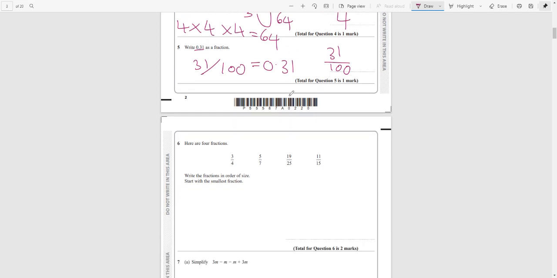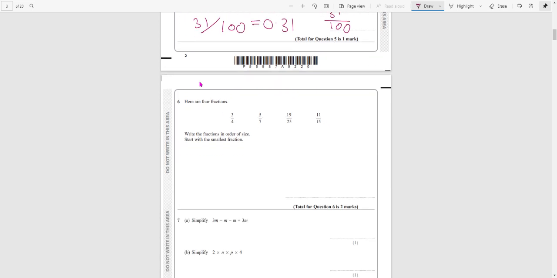Now, question number 6. Here are 4 fractions: 3 quarters, 5 sevenths, 19 over 25, 11 over 15. Write the fractions in order of size. So you've got a calculator, so let's do this. 3 quarters is going to be 0.75. 5 sevenths is 0.71 to 2 decimal places. 19 over 25 is 0.76.